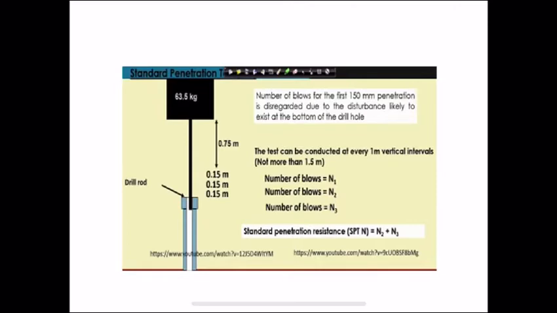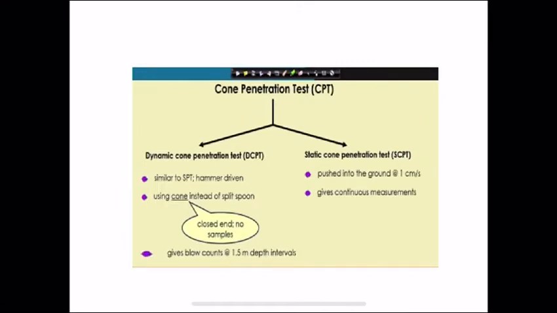Then we discussed the cone penetration test, which has two types: the dynamic cone penetration test and the static cone penetration test. In the static cone penetration test, we push the cone into the soil and measure the cone resistance or tip resistance and the friction resistance.